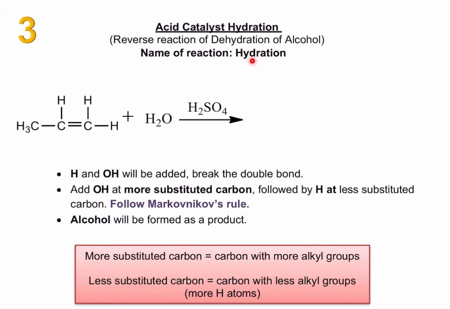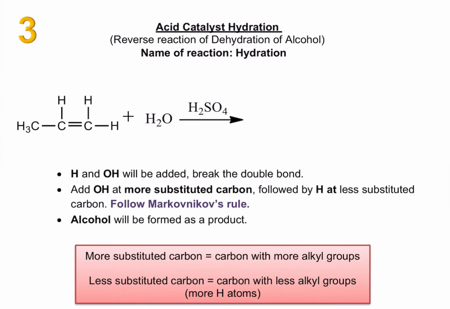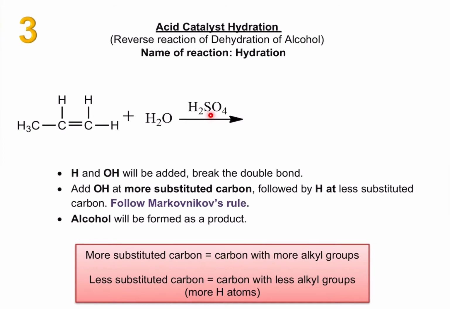That's why the name of the reaction is hydration. So you have H2O plus the alkene, and you need acid. The acid we usually use is H2SO4. Please use this formula in your equation. Next, you will add H and OH.